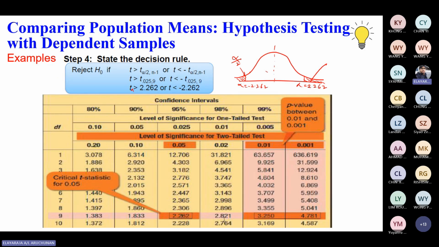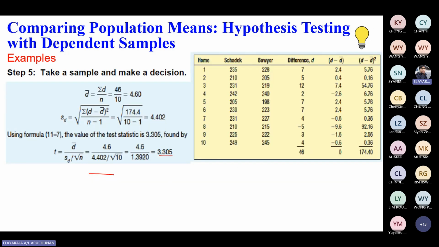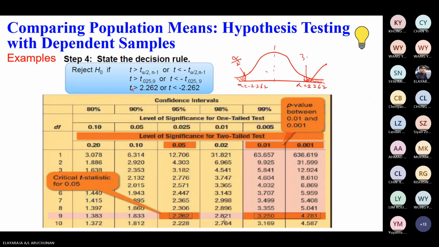So the t value falls somewhere here. So 3.305 is greater than 2.262. That means it falls in the critical region.